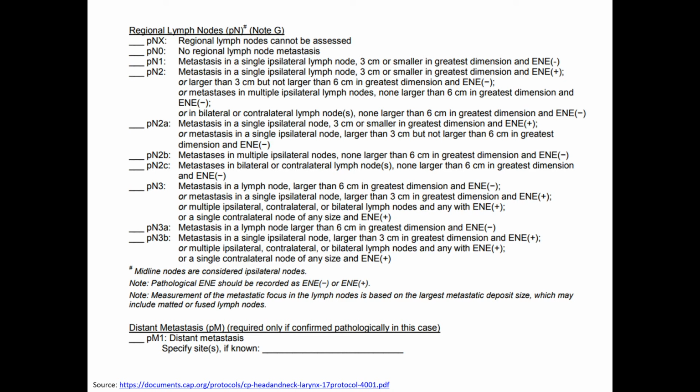Otherwise, this N stage is bulky, and it's got a lot of exceptions. It's not exactly the most well written of N stages, but it at least applies to multiple synoptic reports. So if you just sort of memorize it, and if you sign these out enough and memorize them more, then at least it'll come in handy in multiple things.